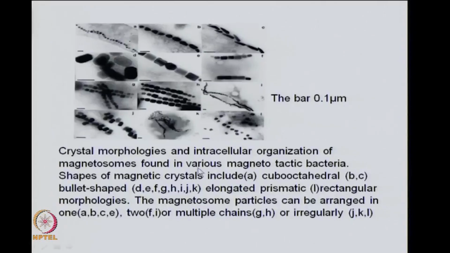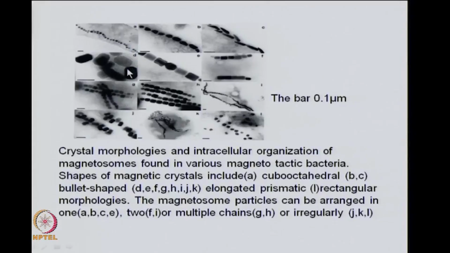This is a real TEM picture of these bacteria. You can see these particles, the magnetosomes with the magnetic particles, aligning themselves in a particular direction inside the cell, and this direction is guided by the Earth's magnetic field. You can find many different shapes of these magnetosomes.